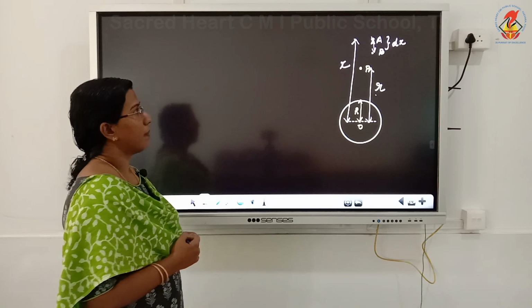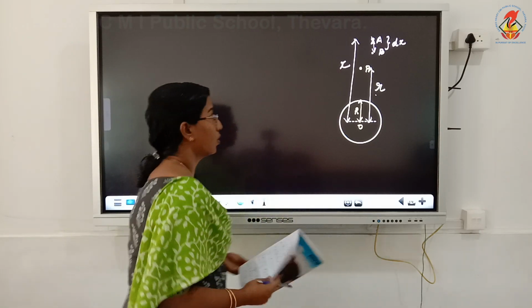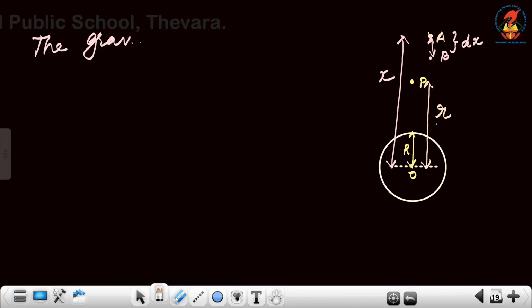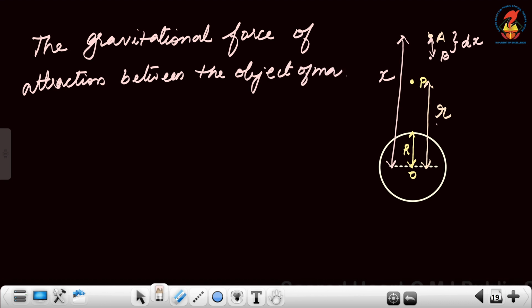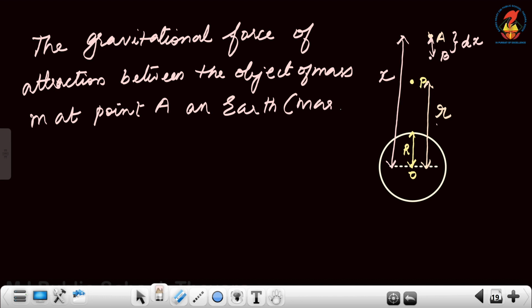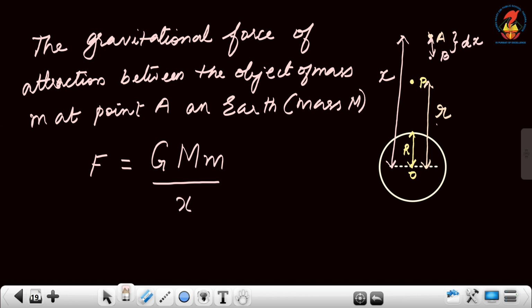Okay. So first, we imagine the object is placed at point A. The gravitational force of attraction between the object of mass m at point A and Earth of mass M is given by F = GMm by the distance from the center of the Earth to point A, which is x, so divided by x squared. This is equation 1.